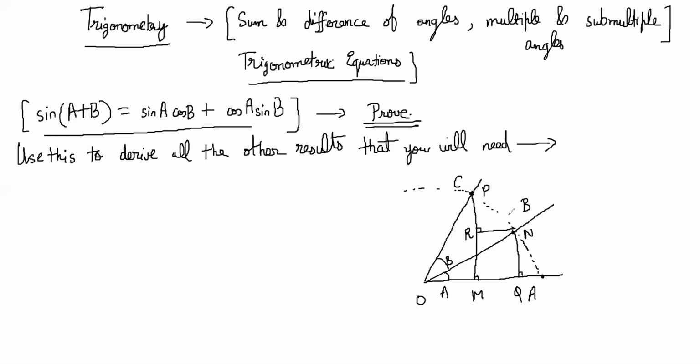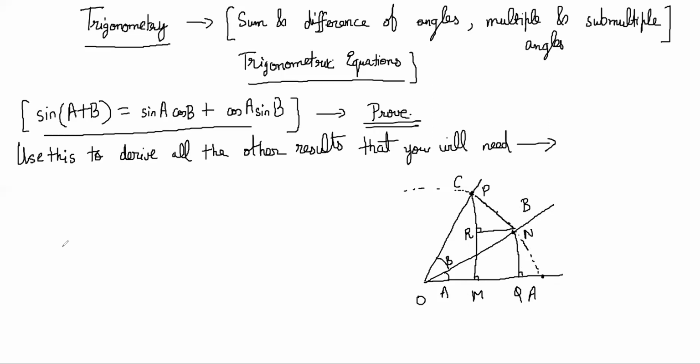Okay, so we have a triangle like this, and we have these right angle triangles. NQA is a right angle triangle, PRN is a right angle triangle, RNQM is a rectangle sort of a situation, and also POM is a right angle triangle.